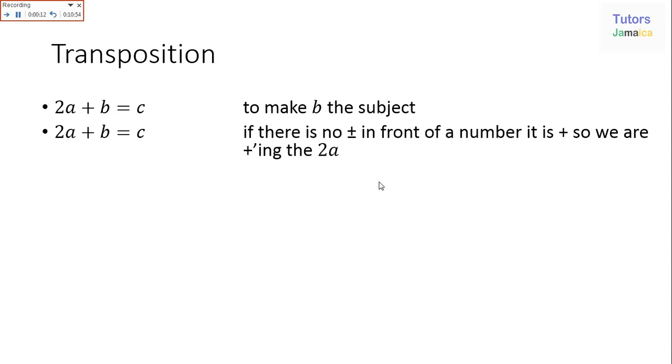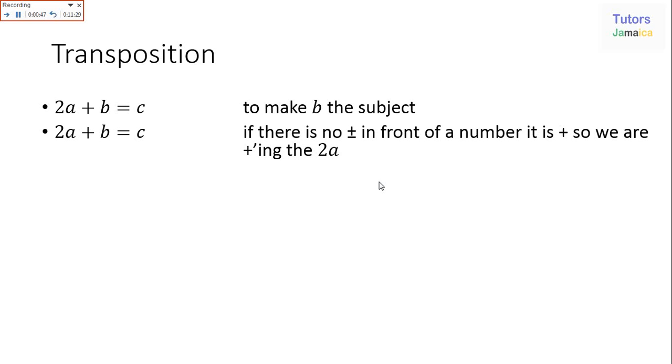Now we need to understand that if there is no plus or minus sign in front of a number, it is a plus. So we know that we are adding 2a. So we could literally write plus 2a plus b equals plus c. However, once there is no symbol in front of the number, we know that it's supposed to be plus.